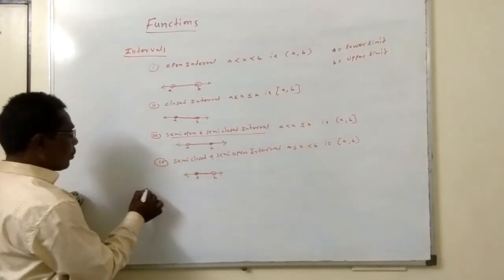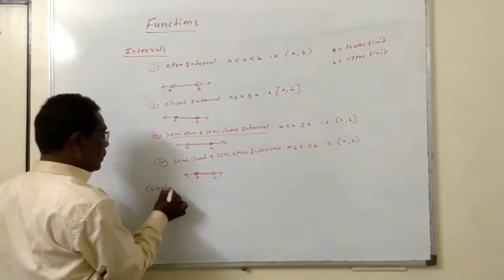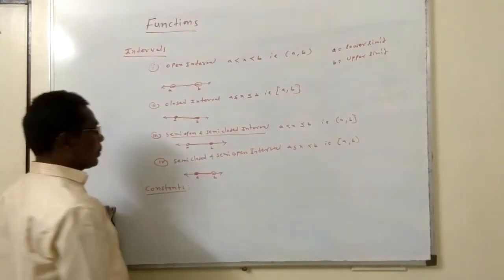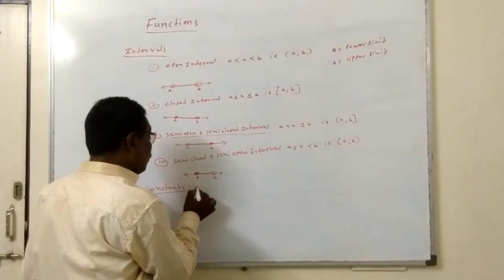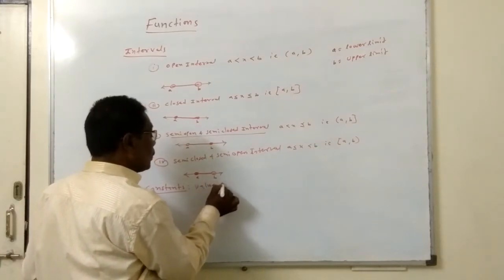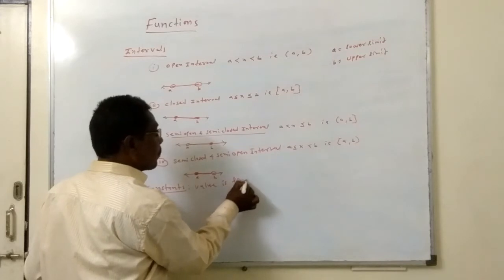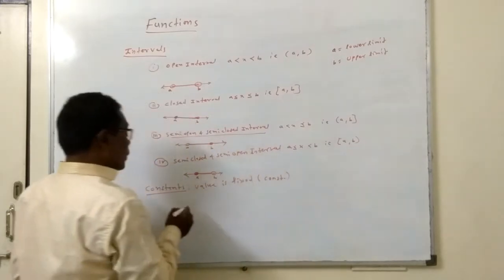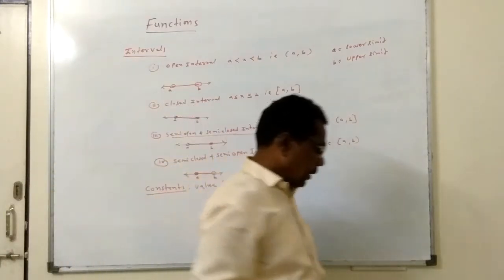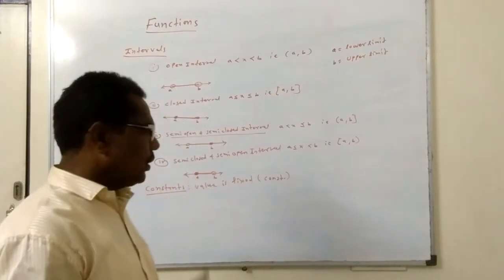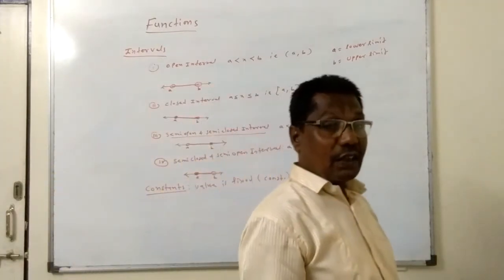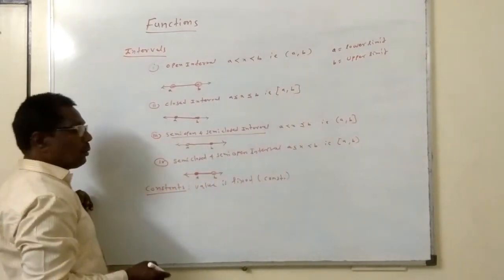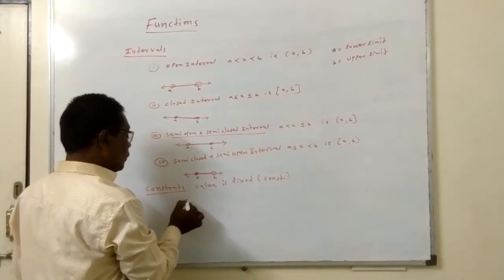Now next we will understand constants and variables. Constants means the value is constant, the value is fixed. In mathematics and in engineering there is one consideration, that is standardization. In maths also we want to use the standard. So what are the standard alphabets used for constants?